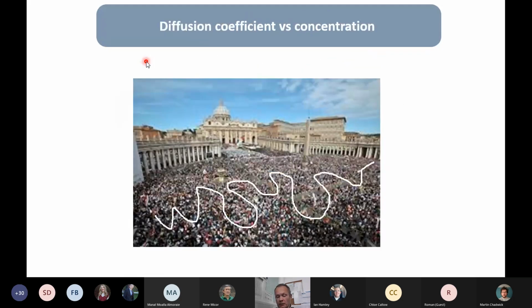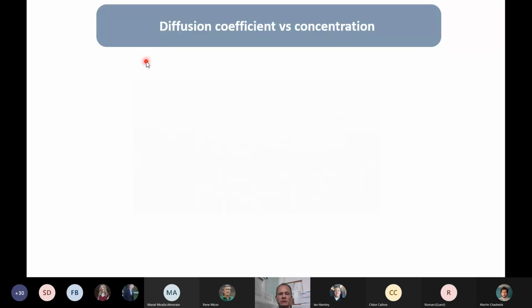Okay, and the final example of some problem that you might experience with the analysis of dynamic light scattering is when you're working with a concentrated solution, because the diffusion coefficient that you are measuring depends on the concentration of your proteins, or the concentration of your emulsions.